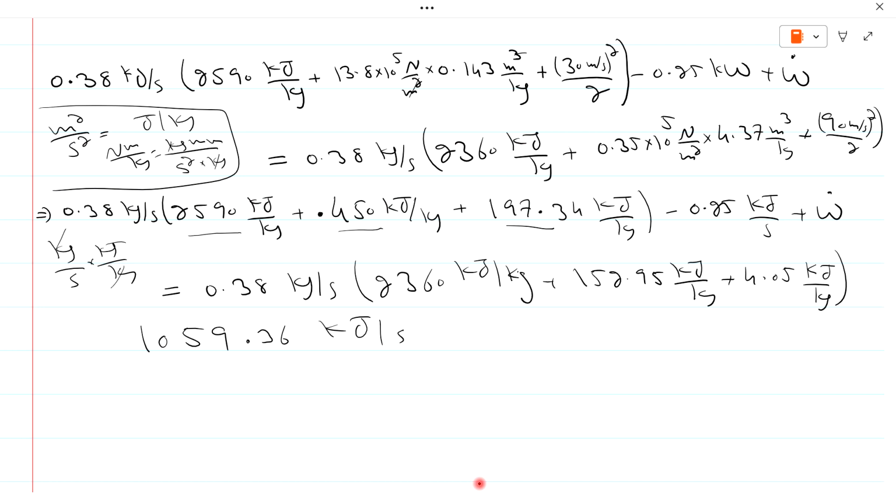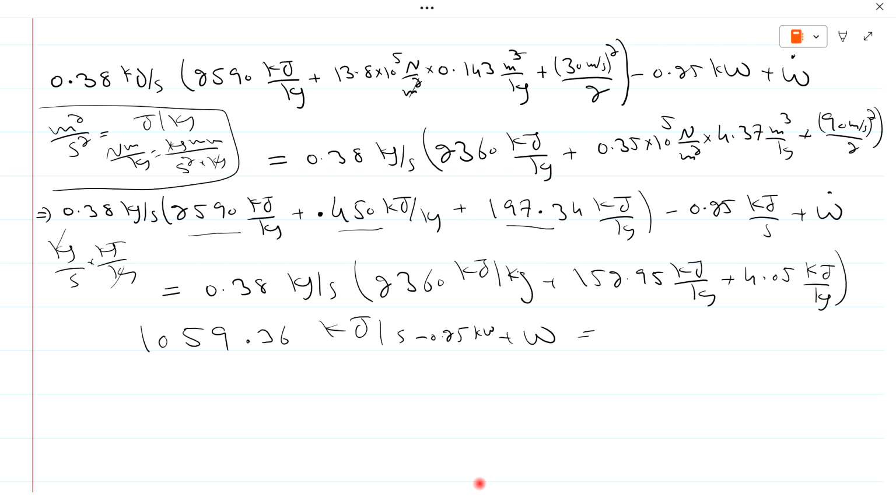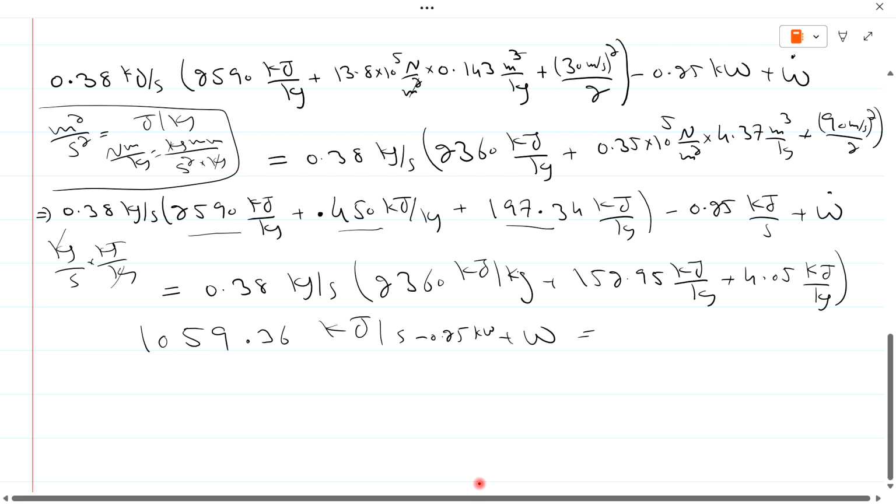Kilojoule per second plus Q dot plus W dot. The value of Q dot is minus 0.25 kilowatt. Now simplify this term: add these three terms and multiply by 0.38.